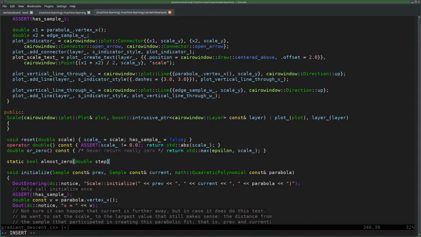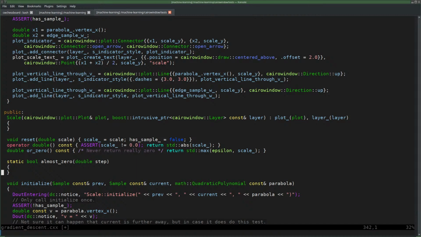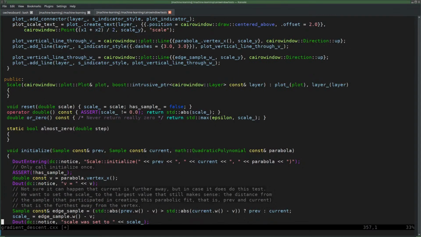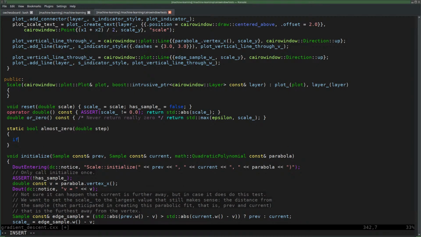Well, it was originally step. I cannot do the relative error if I don't have the absolute value of the other value.